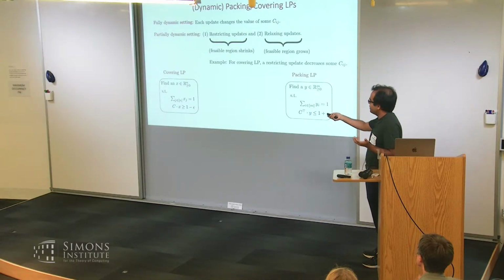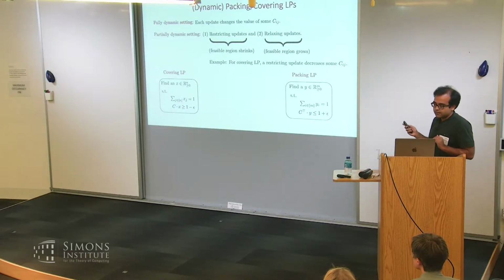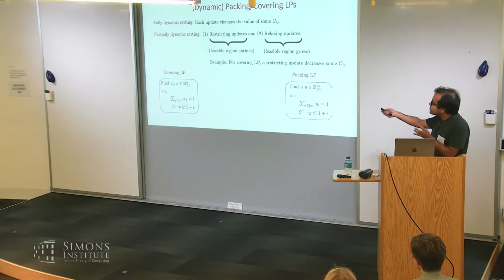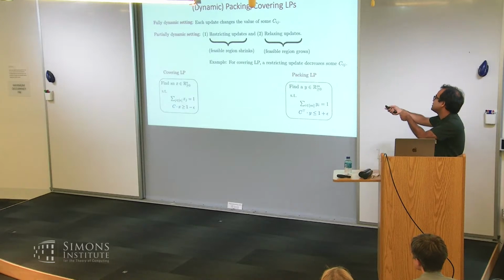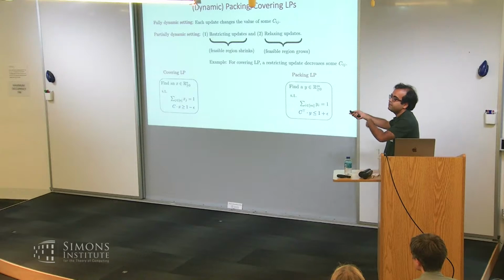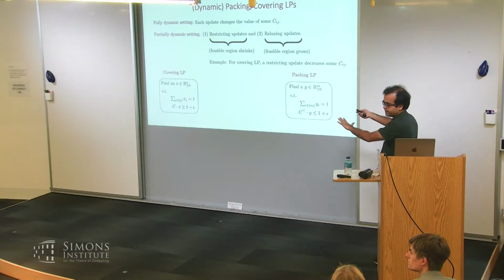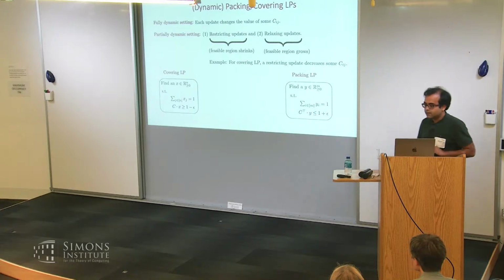That you can, and that would still be captured by this framework. But would it have to go in a specific direction, like up or down? Yeah, so in the partially dynamic setting, it will be determined by whether you are thinking about a covering LP or packing LP vis-a-vis restricting or relaxing updates. But you can handle all those updates. Okay.